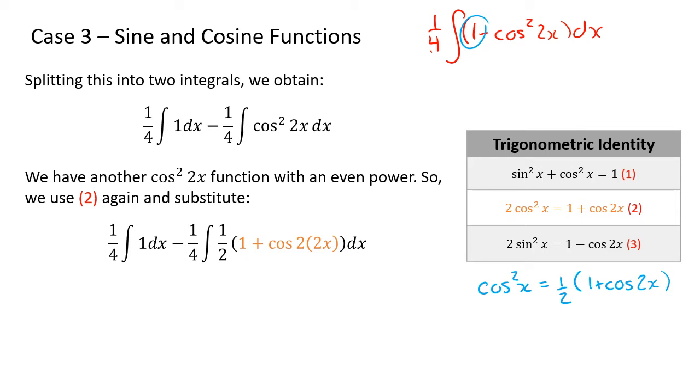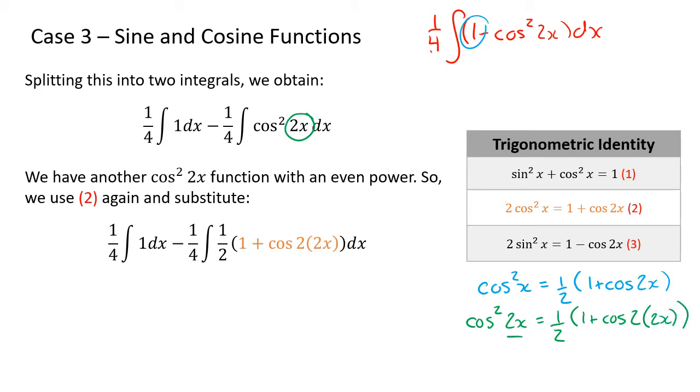Now remember what I said. The x term here doesn't have to just be x. It's cosine of some function. In this case, we're cosine of 2x. So what that means is this is actually cosine squared of 2x is equal to 1/2 times 1 plus cosine of 2 times this function here, which is 2x.